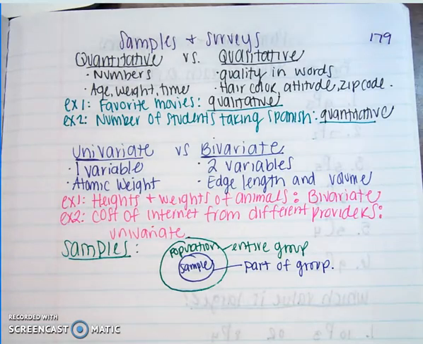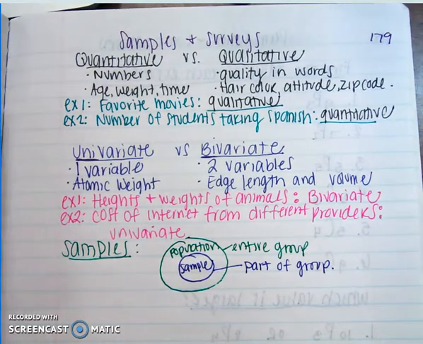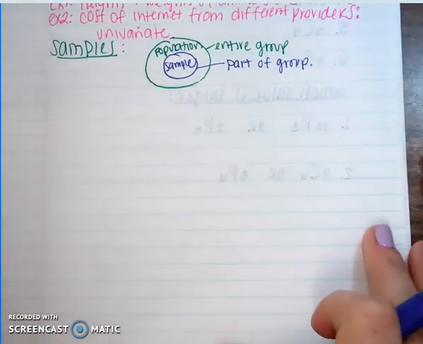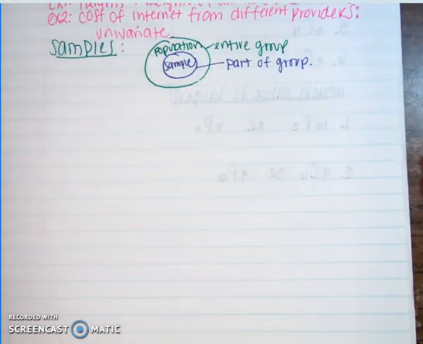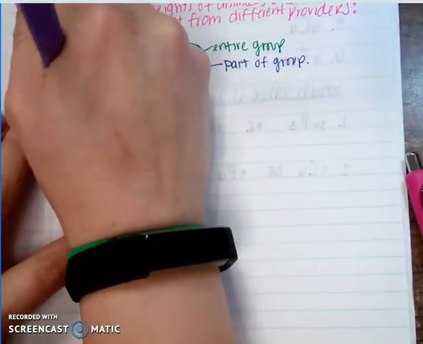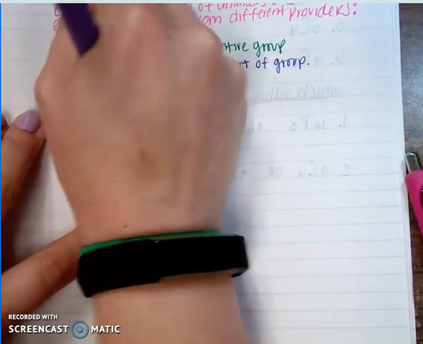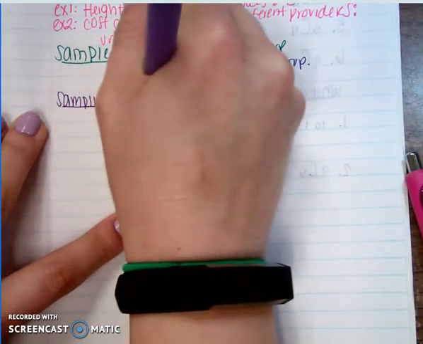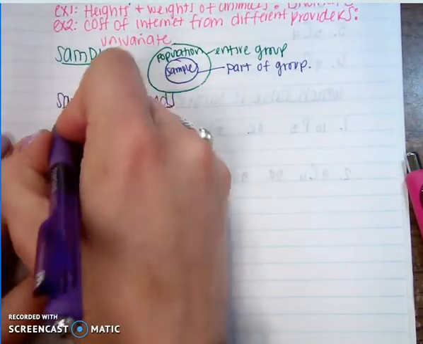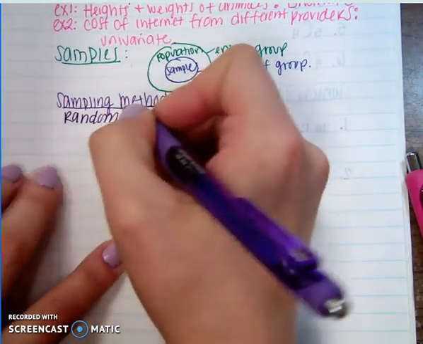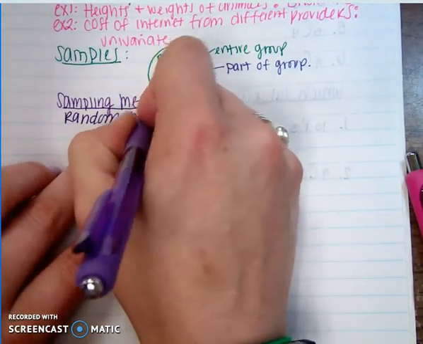All right. Now, there's different ways that you can find samples or sample different groups. Okay. Sampling methods. One is random sampling, like pulling names out of a hat.